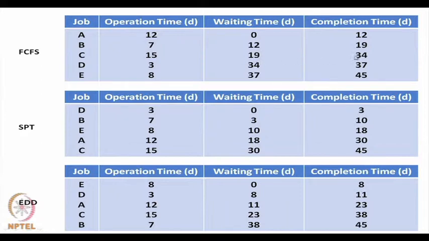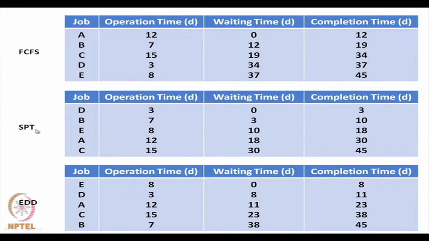Therefore, the date on which it will be completed is 34. This 34 becomes the waiting time for job D and it will be completed on the 37th day, because the operation time is 3 days. Job E can start on the 37th day, and because it takes 8 days to complete, the work will be complete on the 45th day. So, we now have found the waiting time and the completion time.